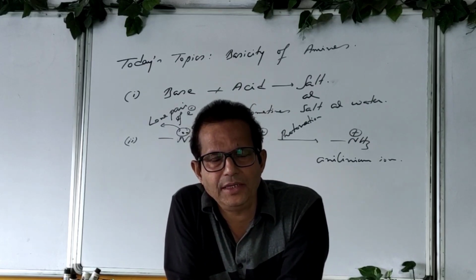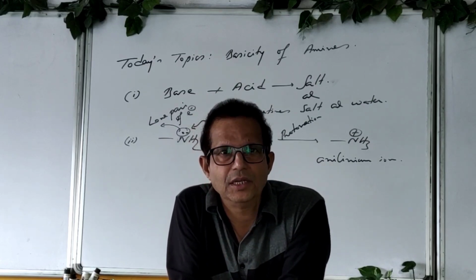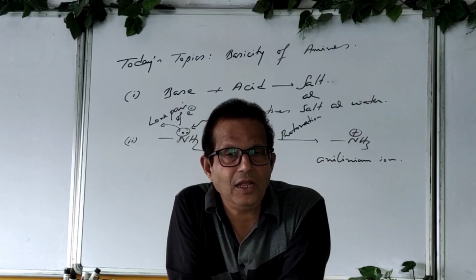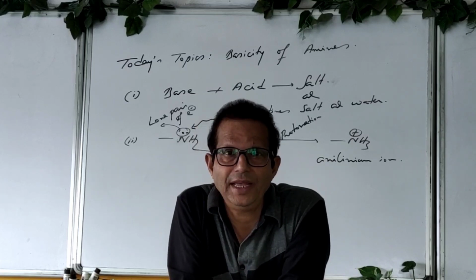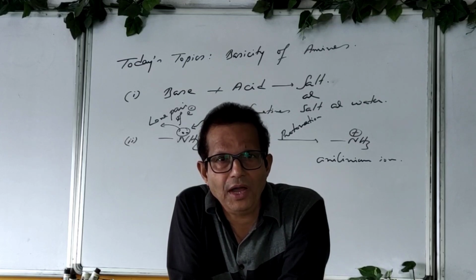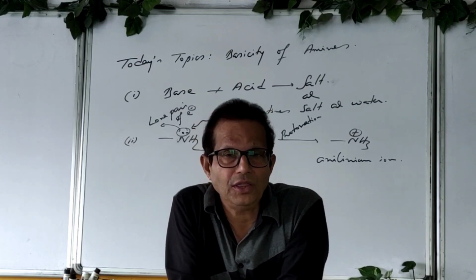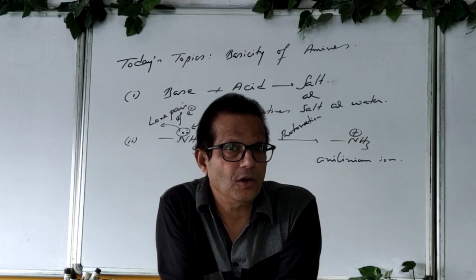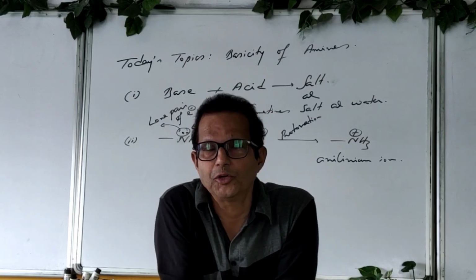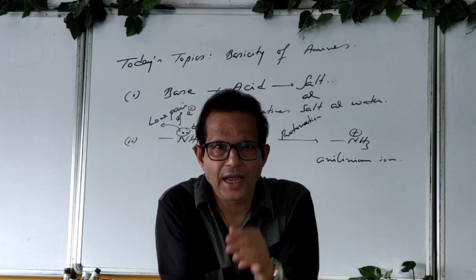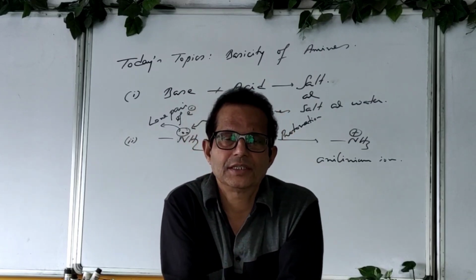If any amine contains bulky alkyl or aryl groups, then the proton finds less space to attach on the lone pair of nitrogen. That's why protonation becomes difficult and basicity decreases.